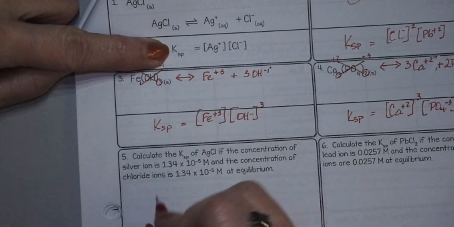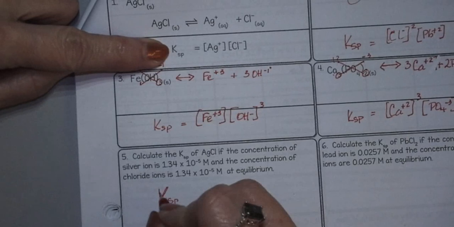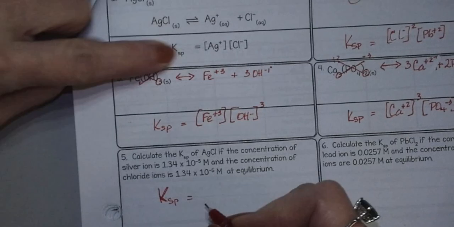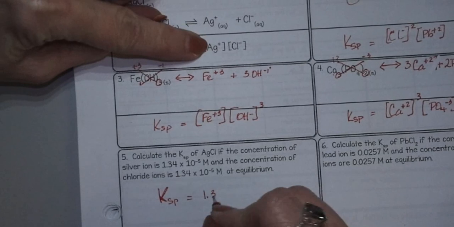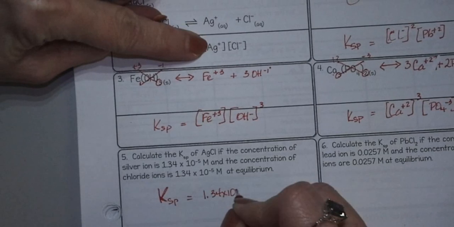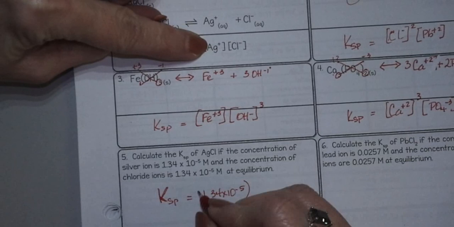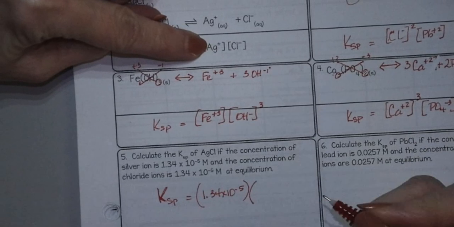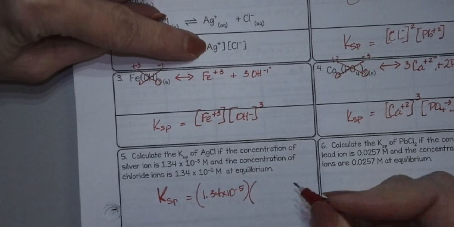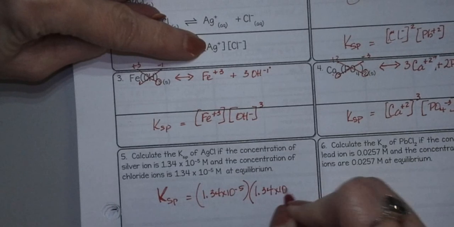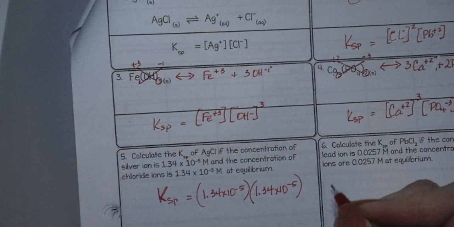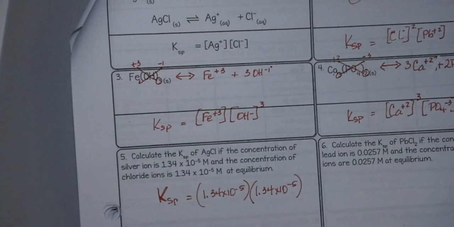And I've got the concentration of the silver times the concentration of the chloride, which is, lo and behold, the same thing. So I could just put that number squared, right? Our units of measurement don't cancel out. But again, K, equilibrium, has no units of measurement.